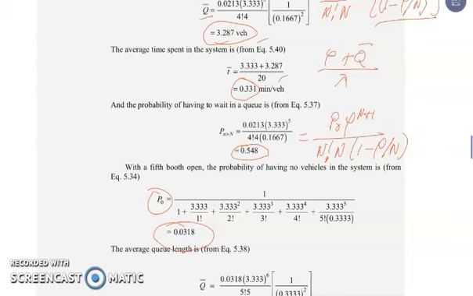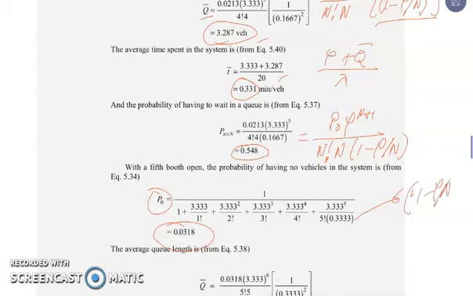Then let's substitute n sub c raised to 1 all over 1 factorial, plus rho raised to n sub c, so that will be 2 all over 2 factorial, plus rho raised to n sub c all over n sub c factorial, and then plus n sub c rho raised to n sub c all over n sub c factorial. Then plus n sub c raised to the fifth all over 5 factorial times 1 minus rho all over n.